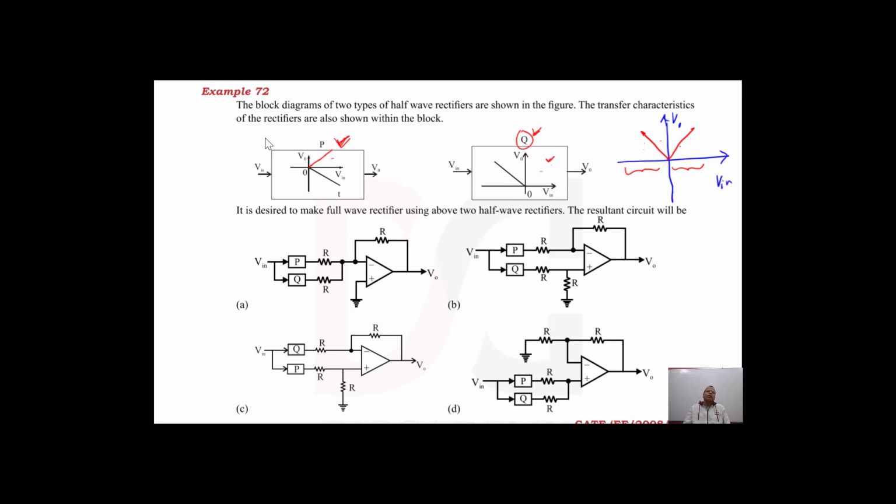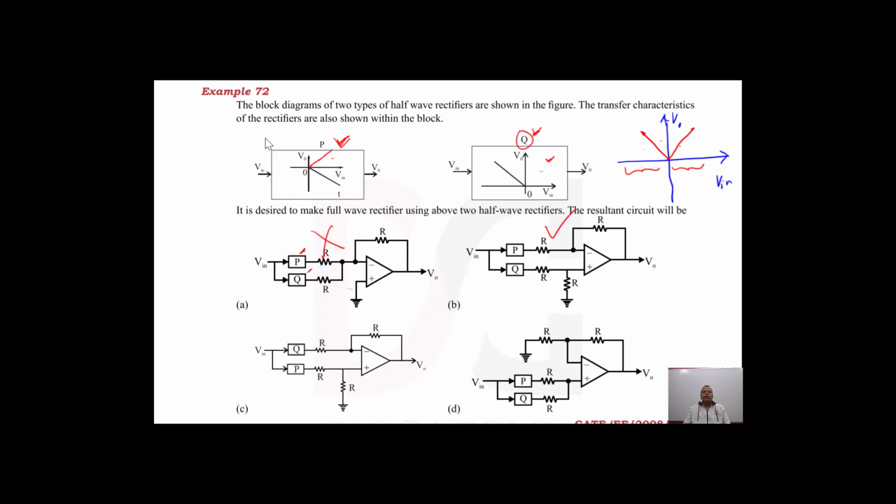So now let us see the options. In this circuit, P is connected at the non-inverting terminal and Q is connected at the inverting terminal; both are not as required. So this cannot be the option. Now come here. P is connected at the inverting terminal, which is a requirement, and Q is connected at the non-inverting terminal, which is a requirement. So this should be the answer. Let us see this also.